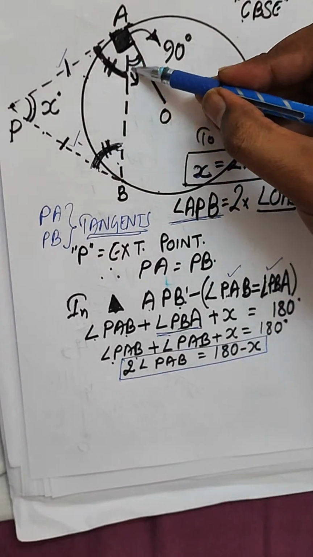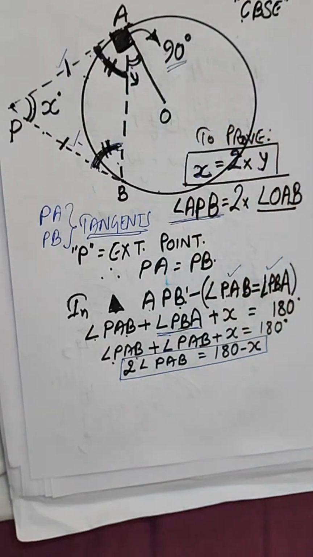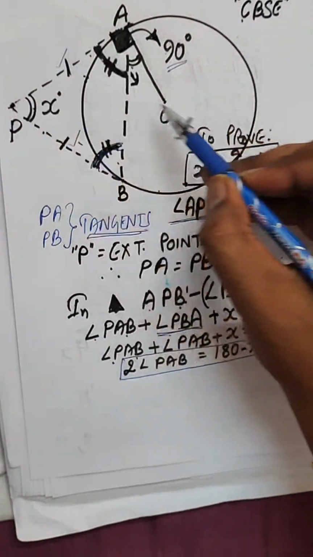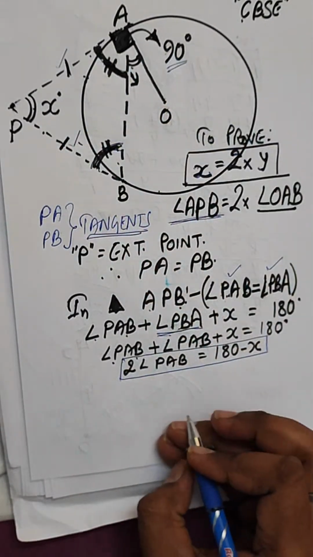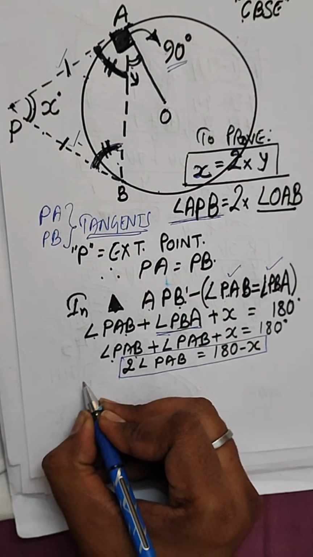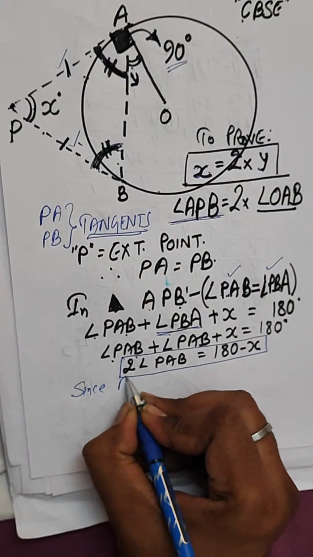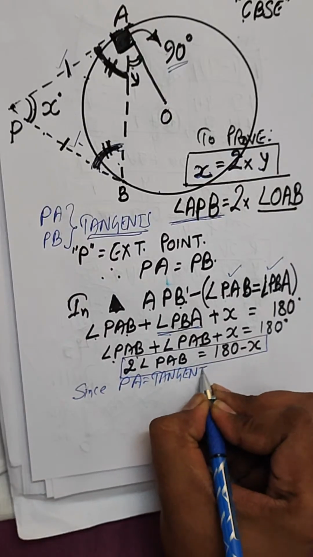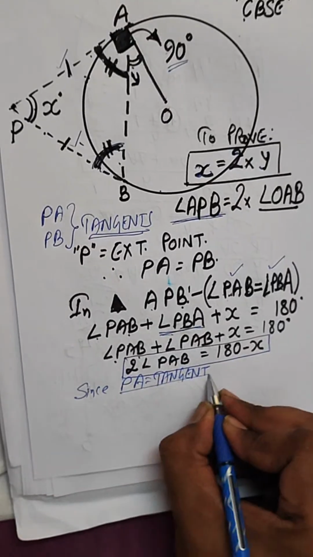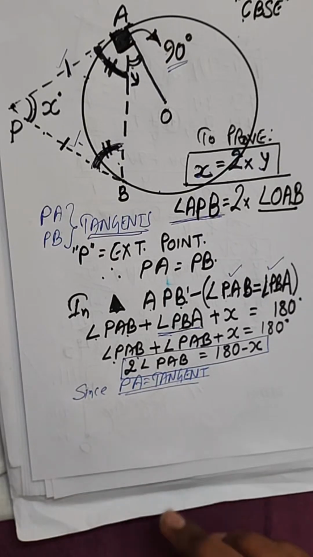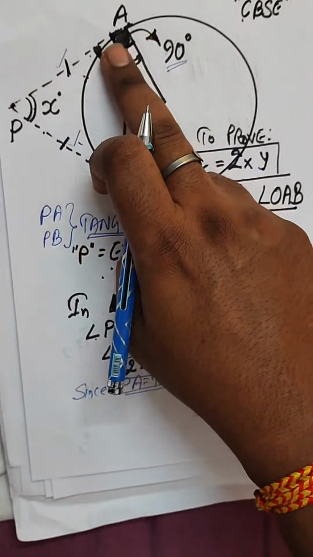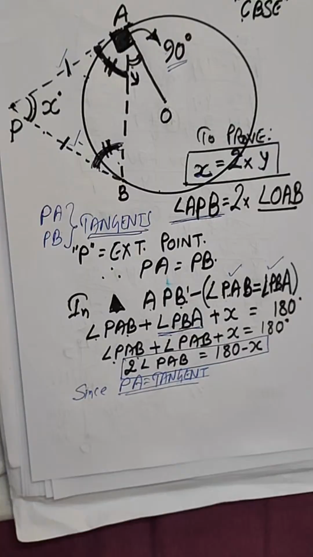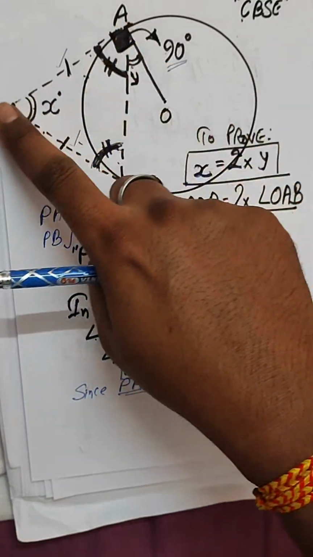Now we will make use of this 90 degrees. Since PA is a tangent, at the point of contact A, OA is perpendicular to PA.